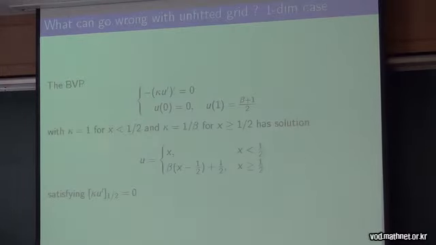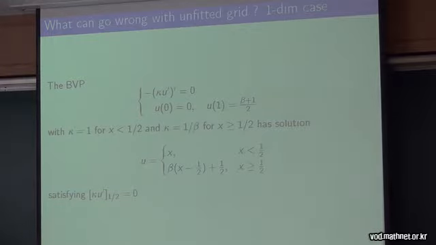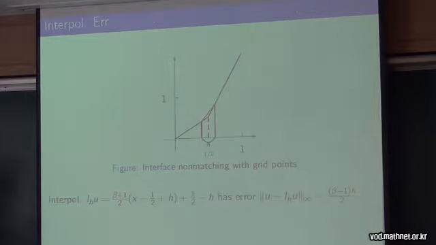But about 10 years ago, a group of American Chinese people tried to use the uniform grid and instead modify the basis function. So by seeing this, we can say, what if we can somehow modify this?